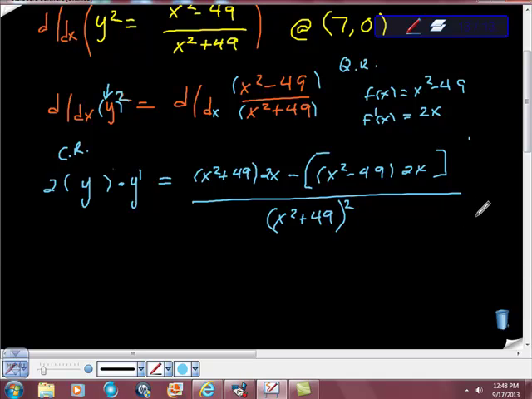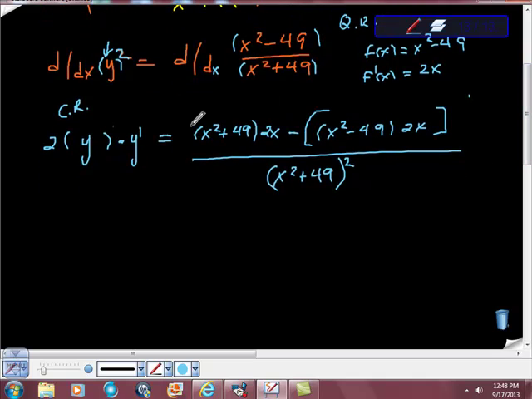When I open this whole thing up and distribute it through, I end up with 2x cubed plus, what is it, 96x? 98x, sorry, 98x, right?